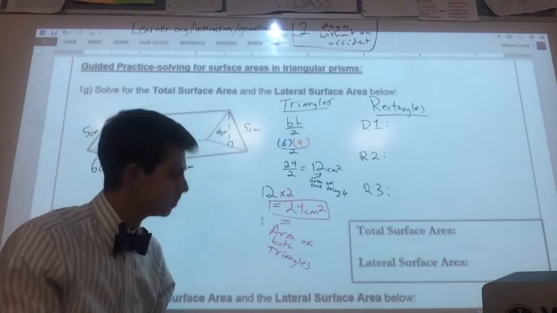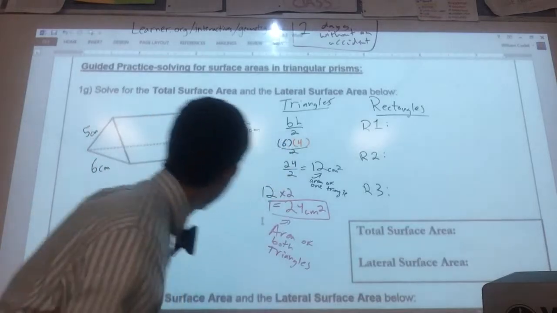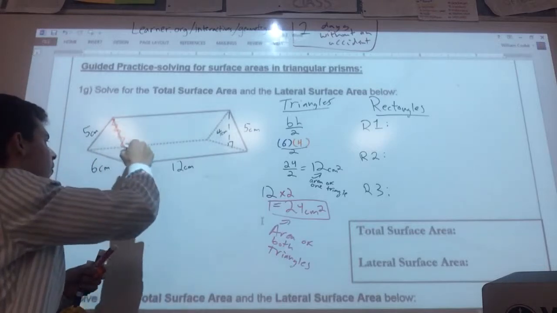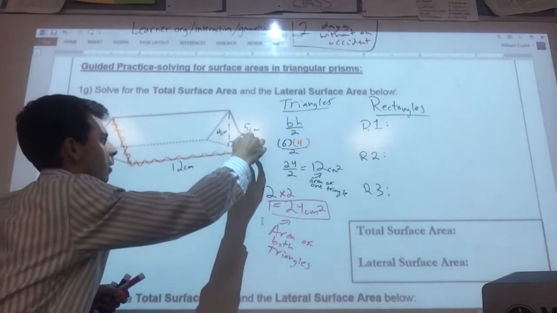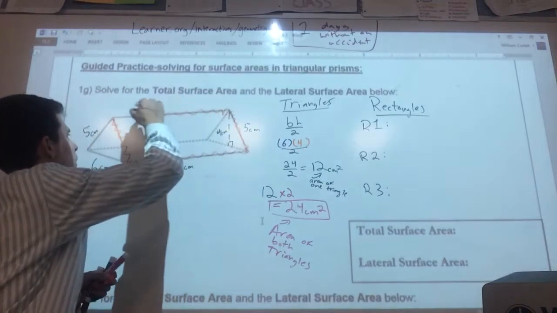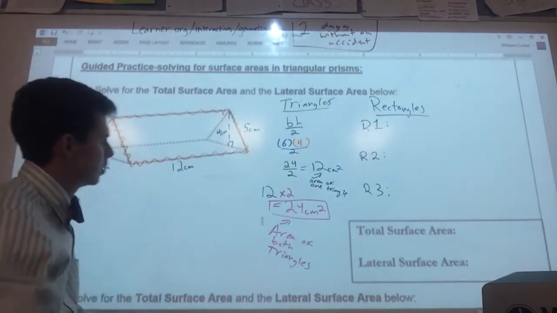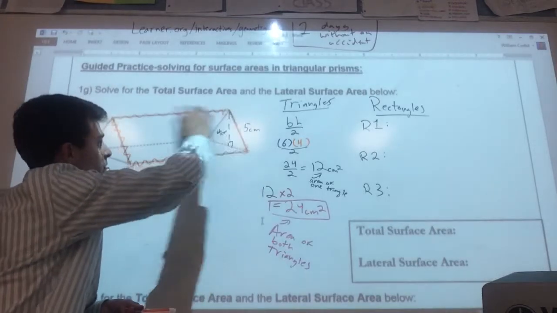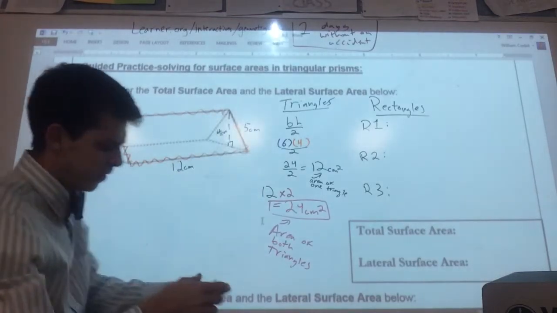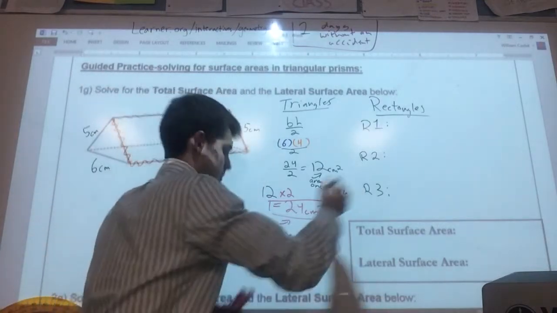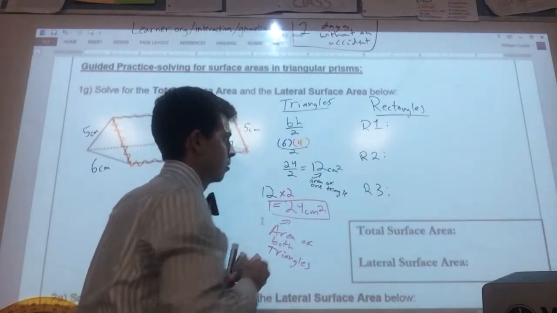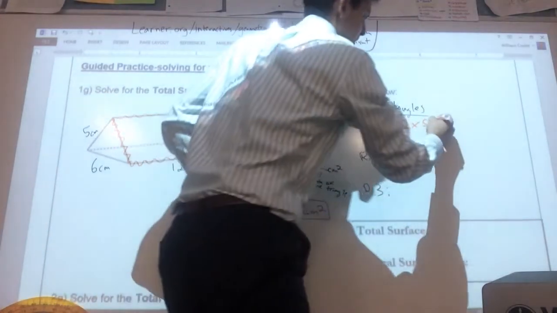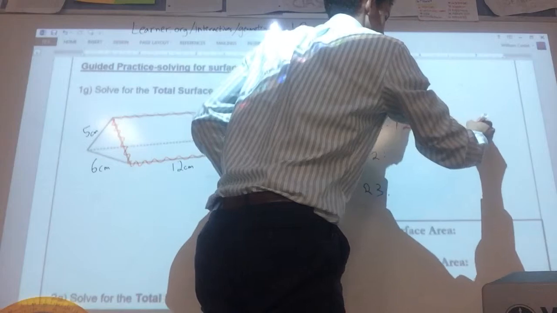Now the rectangles. Rectangle 1, we'll have it be the one that's closest to us, so it'll be this one right here. So it's 12 by 5. That's the rectangle. 12 by 5, and that's equal to 60 centimeters squared.